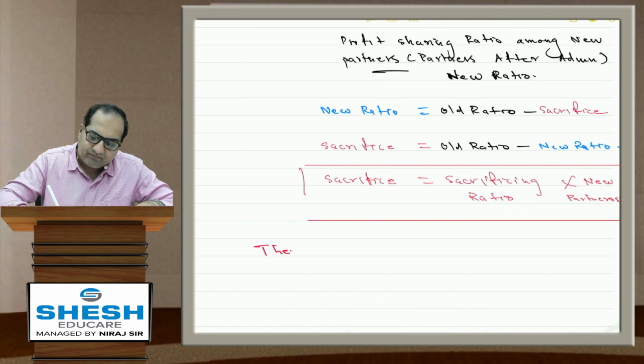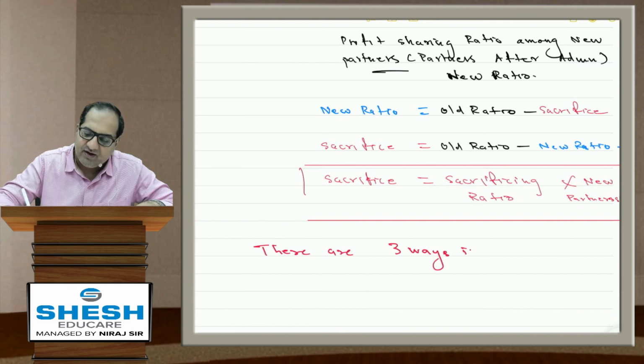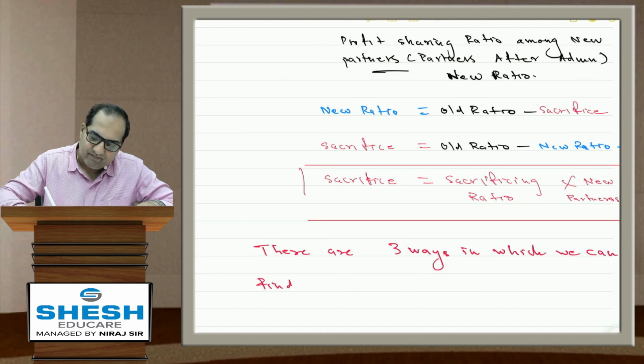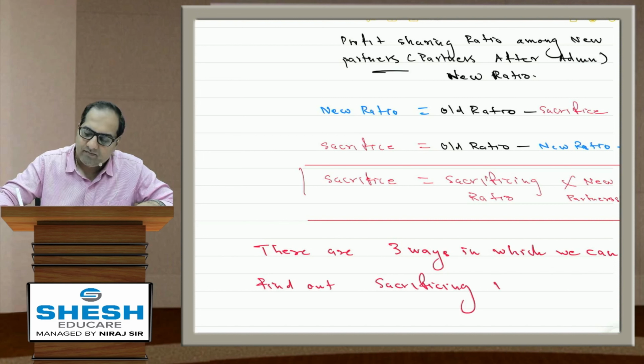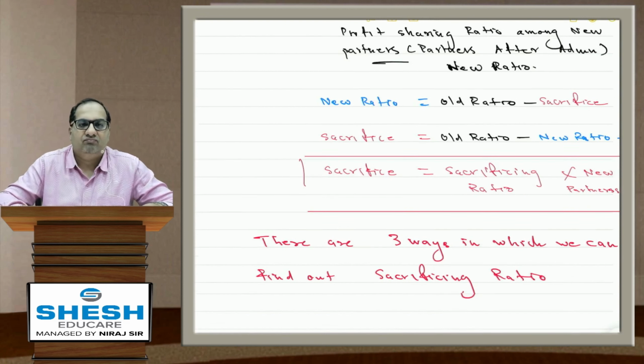There are three ways in which we can find out sacrificing ratio.